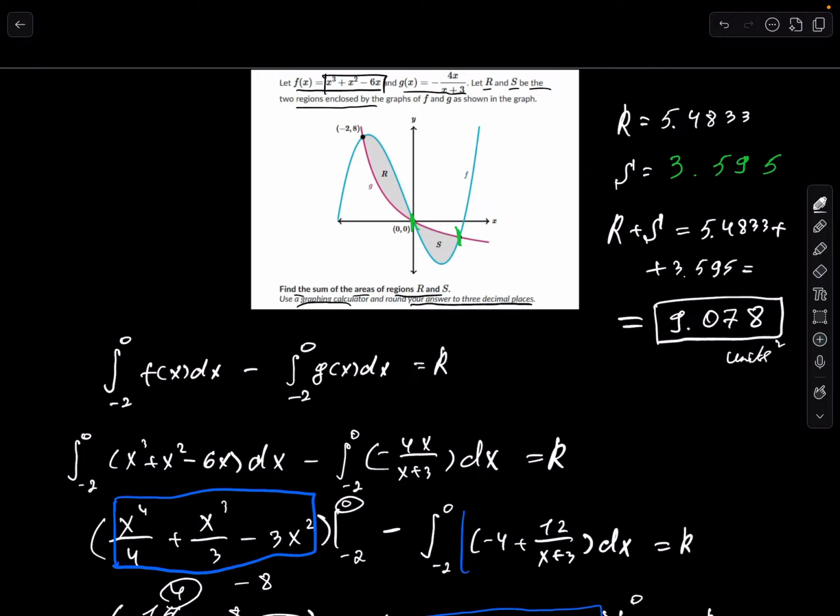But since we're not given units, I'm not going to write that. This basically tells us that the area between these two curves from -2 to 0 plus the area between these curves from 0 to this 1.8 whatever we found is equal to 9.078.